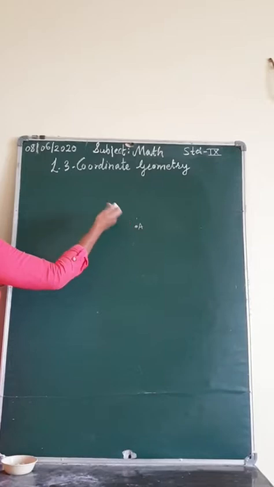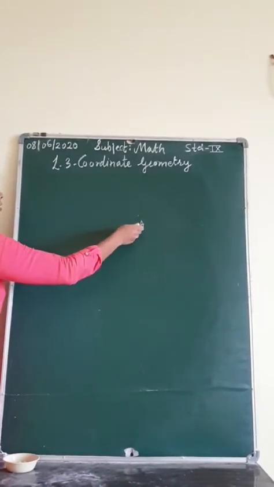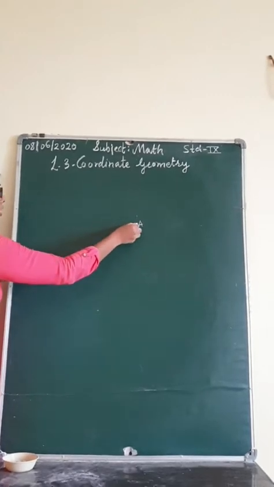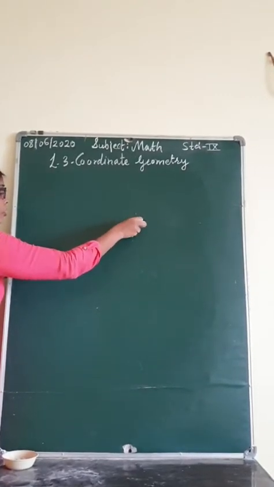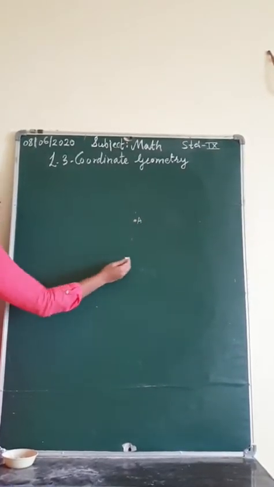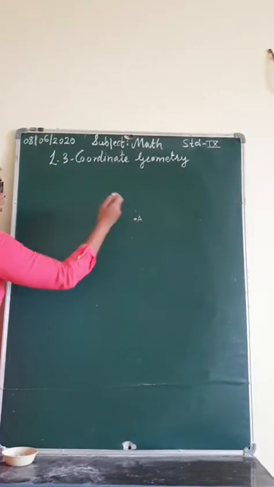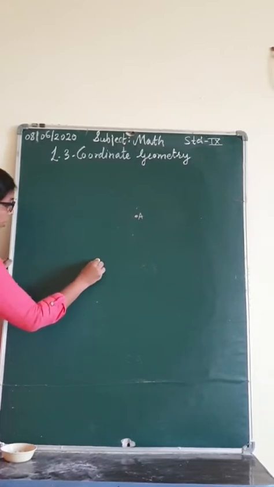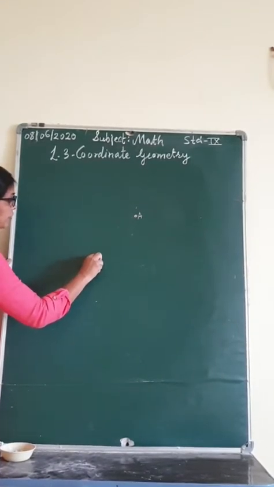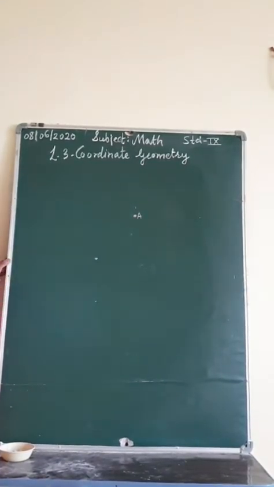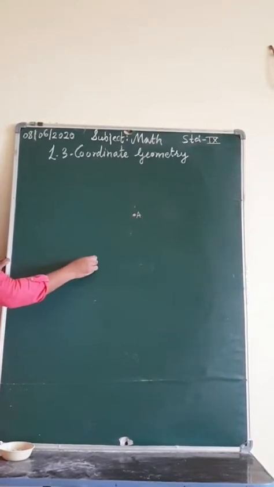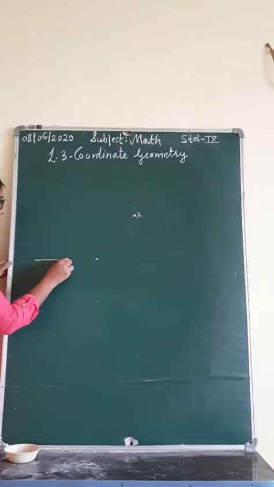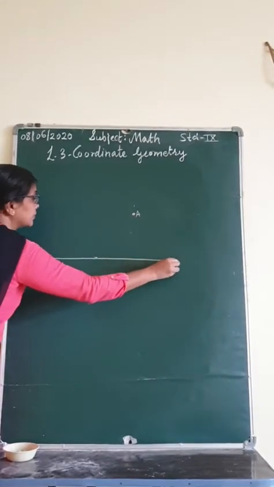Let's elaborate the previous example, the position of point A, in a different way. See, point A is located horizontally and, as I said, vertically away from a fixed point. This is a fixed point. So from this fixed point, what we have to do is draw perpendicular lines first.